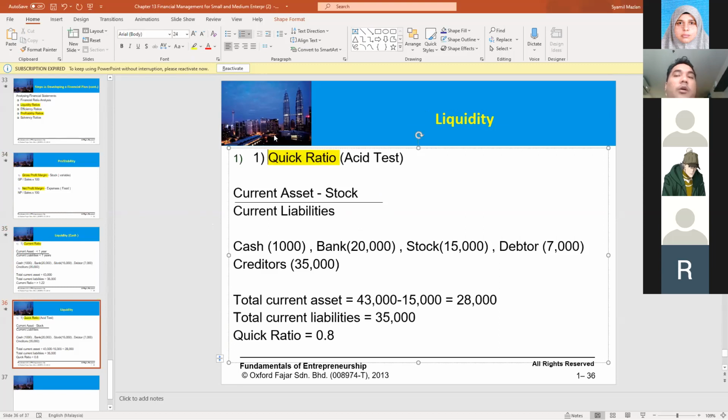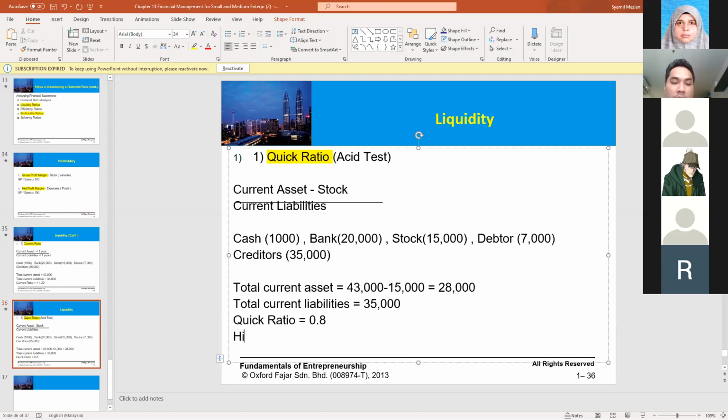So these are the 4 main criteria, the most basic things that the bank will see on your performance, your profitability and then your liquidity. The creditor will also see like this. If your quick ratio is below 0.8, there is a high probability that you are not capable of paying the debt.